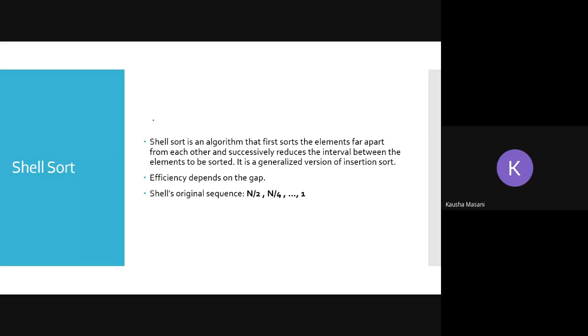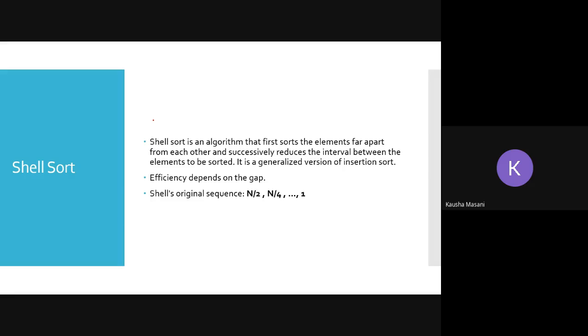Let's look at the theory first. Shell sort is an algorithm that first sorts the elements far apart from each other, and successively, as the iterations happen, that distance is reduced. It successively reduces the interval between the elements to be sorted.